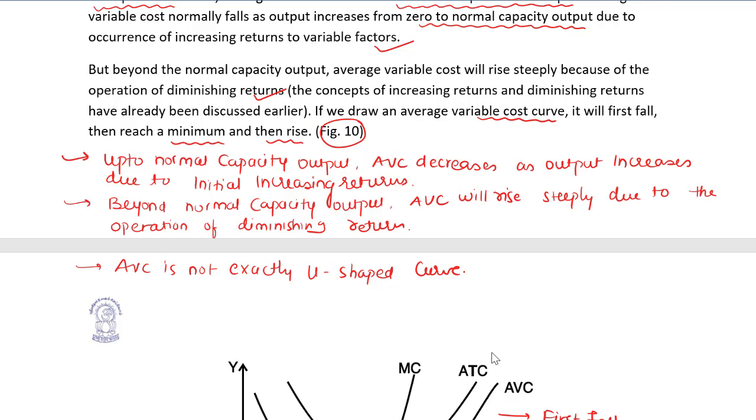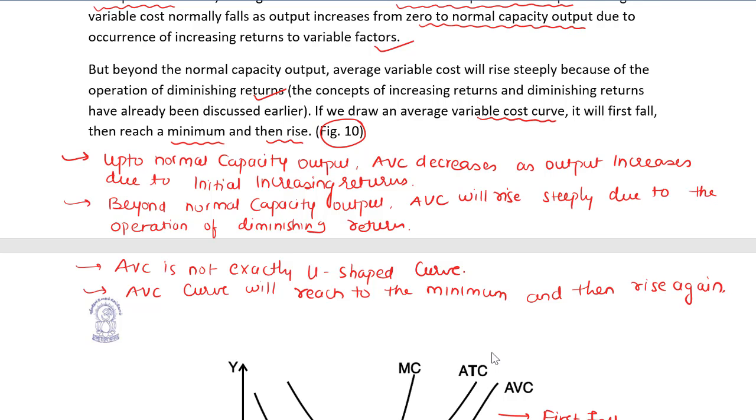Somewhat it is U-shaped, but not exactly. You can say the AVC curve will reach the minimum and then rise again. Okay?